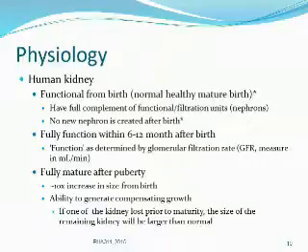Anyway, your kidneys will be fully functional for the body within 6 to 12 months after birth. So at birth, the capacity for urine production, waste excretion, and fluids and electrolytes management is not at full capacity yet, and you reach full capacity after 6 to 12 months of age.